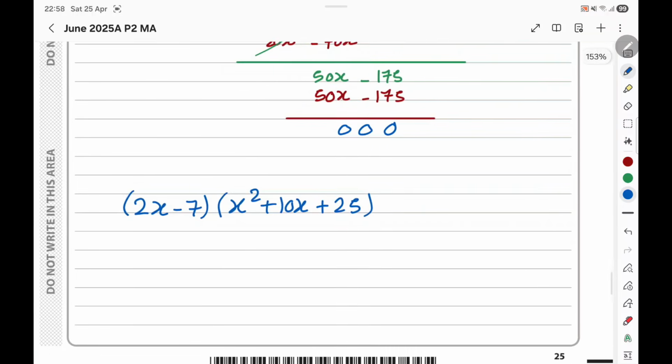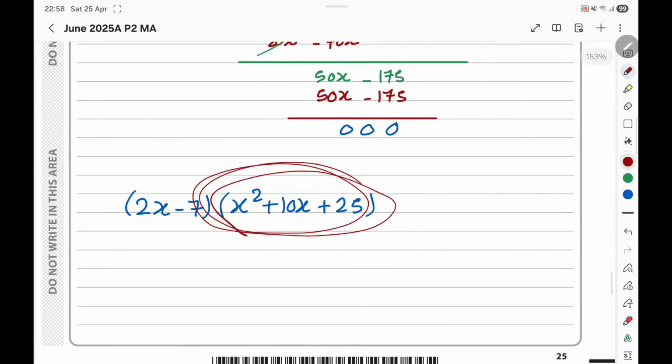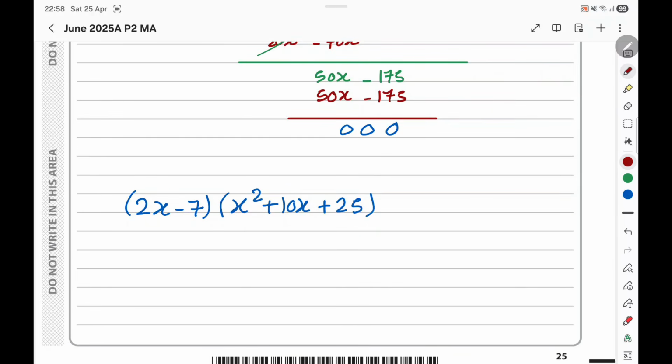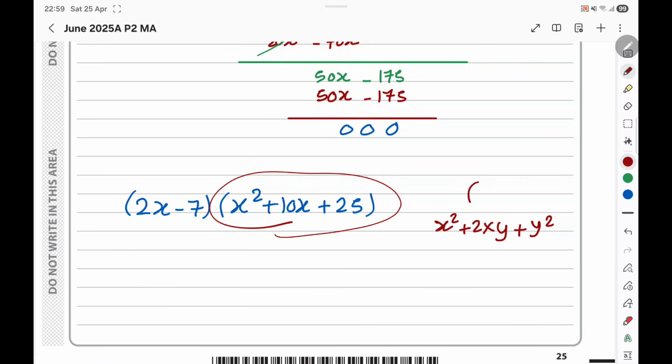You can do this with mode 5 3 on the calculator, or simply it is x plus 5 to the power 2, by the way, because this expansion looks like x squared plus 2xy plus y squared, the expansion of x plus y squared, which is x plus 5 squared.